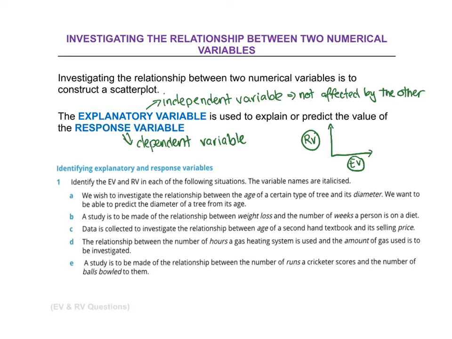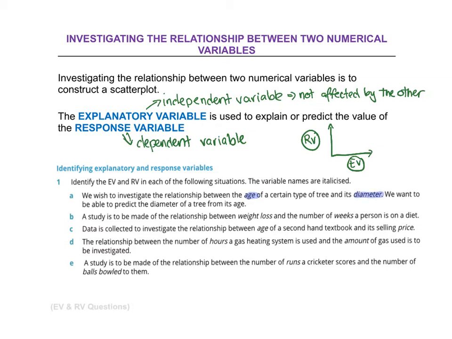All right, so let's practice a few of these with the ones here. Identify the explanatory variable and the response variable in each of the following situations. The variable names are italicized, so they're in the cursive, the slanted writing. If you look at the first one, we wish to investigate the relationship between age of a certain type of tree and its diameter.